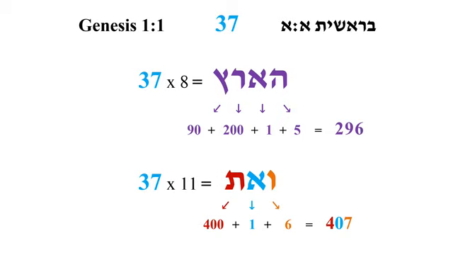The previous word, va'et. Va'et is 407 total. Guess what? That's 37 times 11. So you say, okay, well, 2 examples of something being divided by 37.